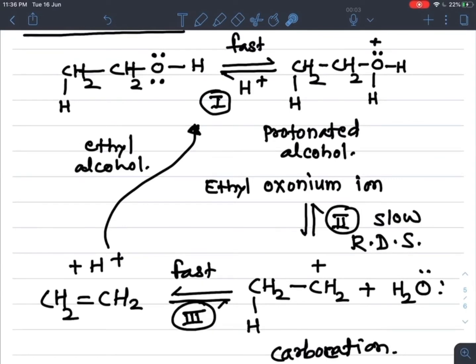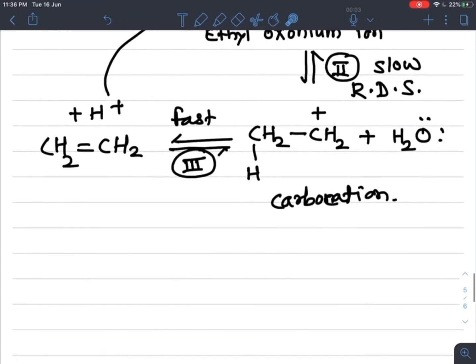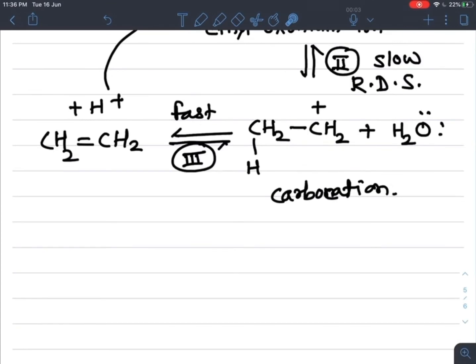In dehydration there is a reactivity order: tertiary alcohols undergo dehydration more easily than secondary, than primary, because the tertiary carbocation formed from tertiary alcohol is more stable than secondary, than primary.